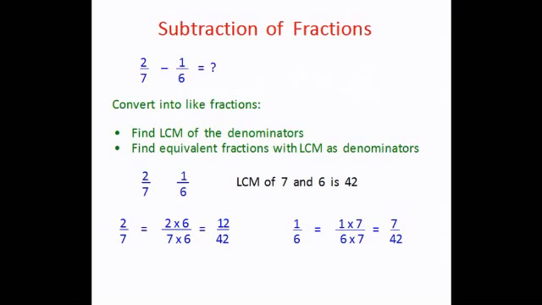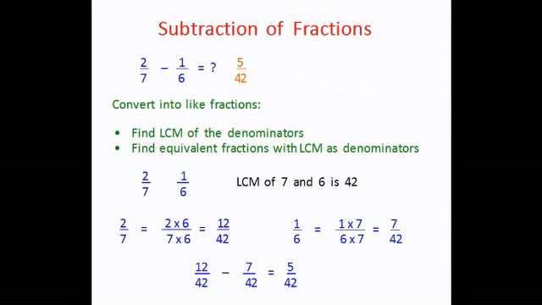Now what we have are like fractions. 12 over 42 and 7 over 42 are like fractions. So the subtraction is quite easy now. 12 minus 7 is 5. So the answer is 5 over 42. That means 2 over 7 minus 1 over 6 is equal to 5 over 42.